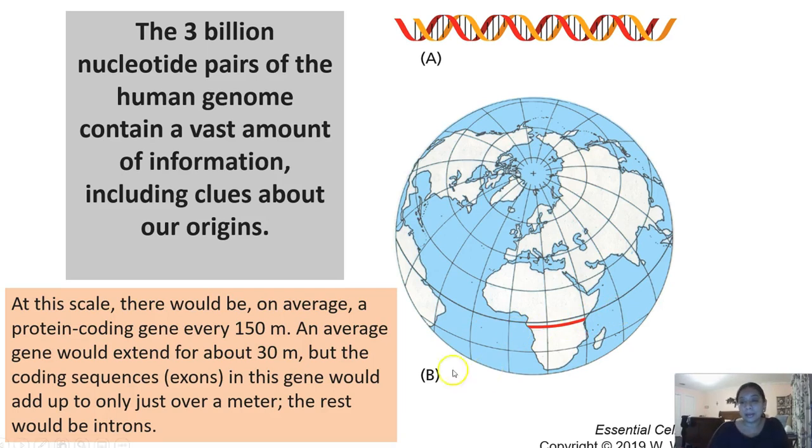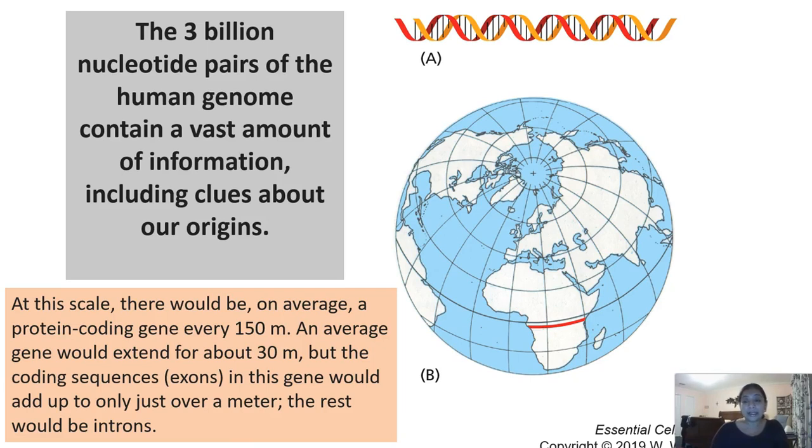At that scale, and that's a really large area, there would be a protein coding gene every 150 meters. So there would be a lot of genes. Genes have a very large variability in size, but they are on average about 30 meters in length.